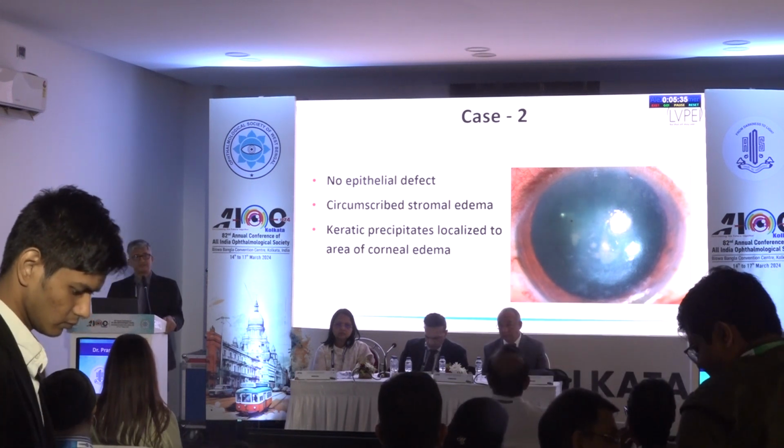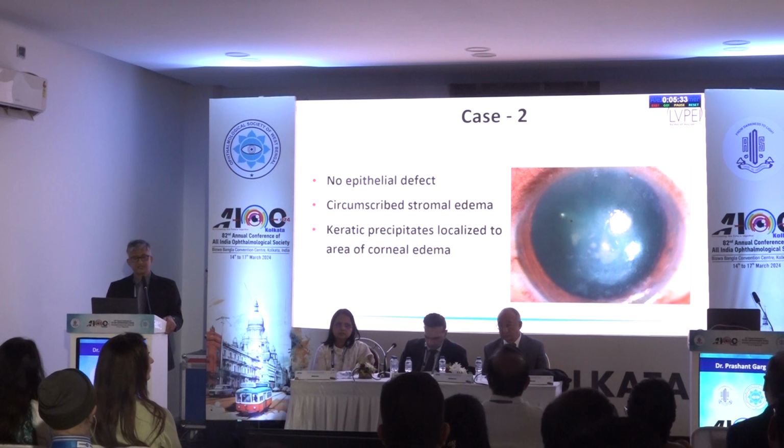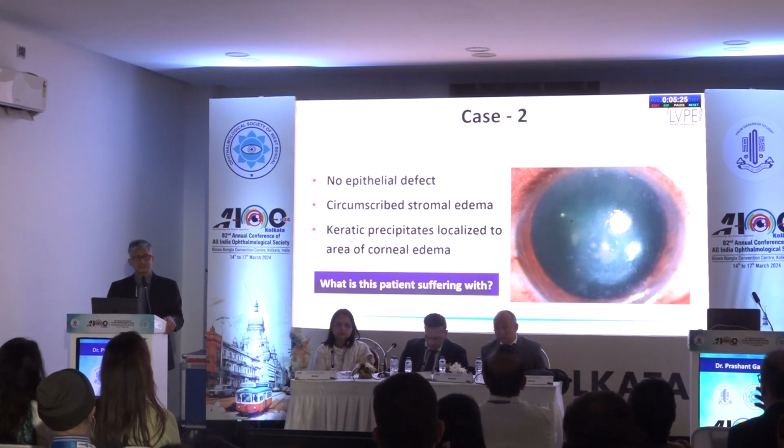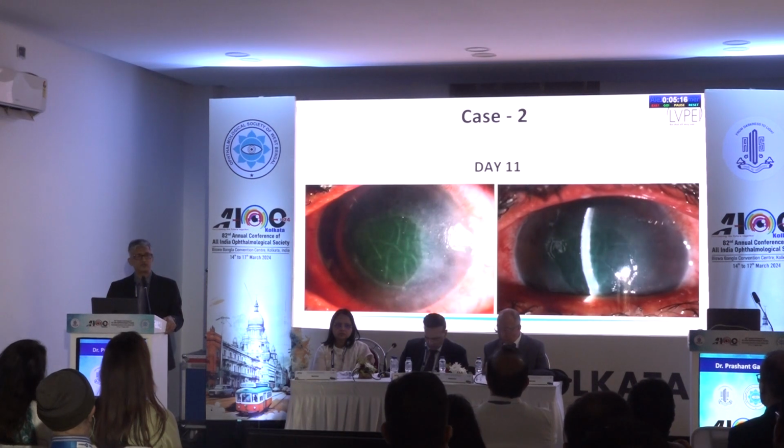Again, a patient presented to us with a long history, circumscribed corneal edema, and endothelial, large pigmented keratic precipitates. I am sure that many of you will think it is herpes simplex virus keratitis and will treat with corticosteroid, and so we did the same.